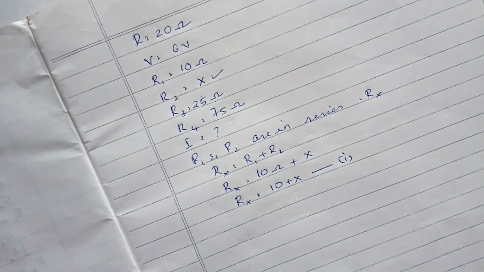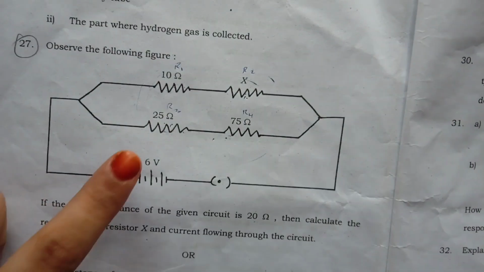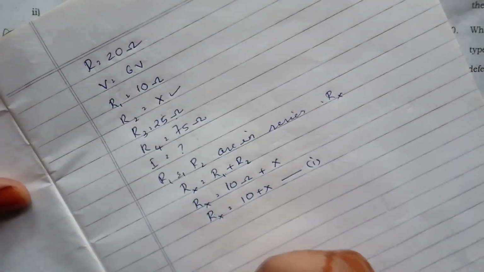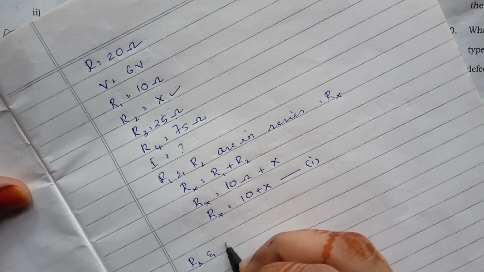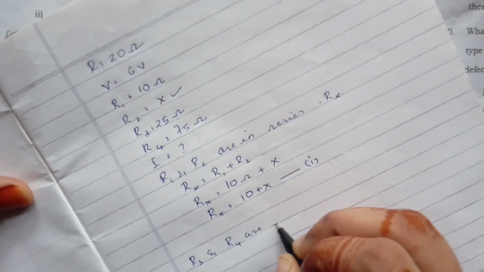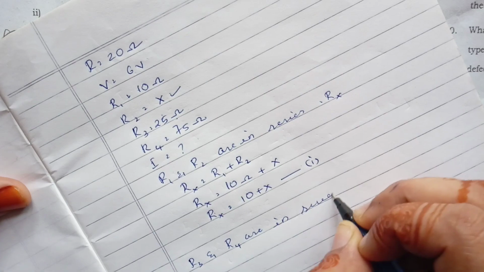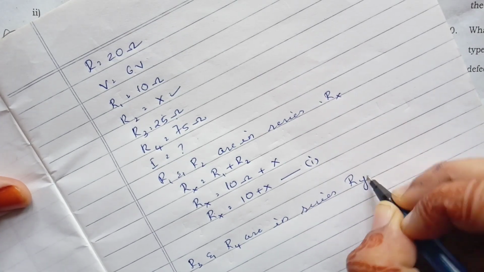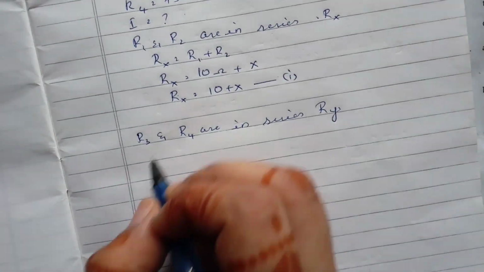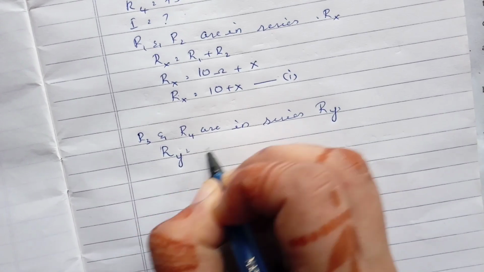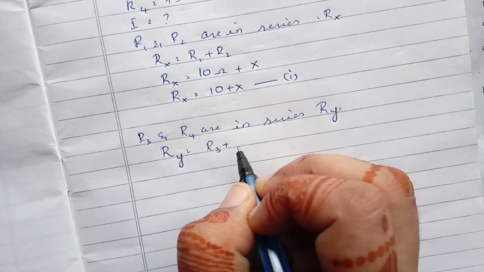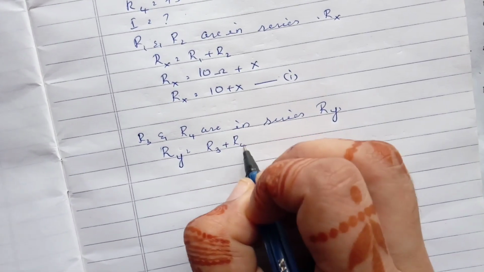Now similarly, R3 and R4 are in series, and I'll call them Ry. So Ry is going to be R3 plus R4.